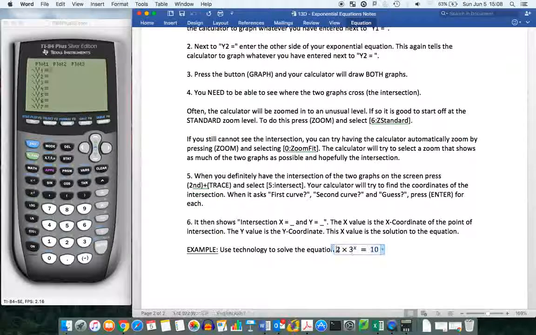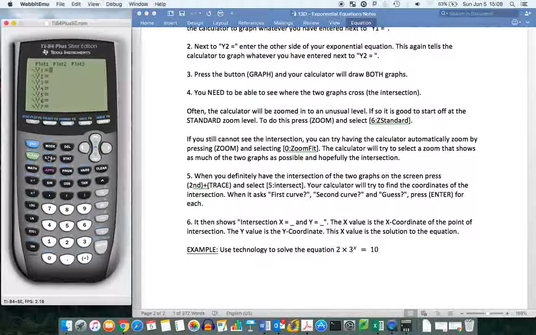So if we substitute in where one side is equal to y and the other side is equal to y, we can find the two graphs and see where they cross. I'm going to put the left side in first: 2 times 3 to the power of x. The variable x is this button here.